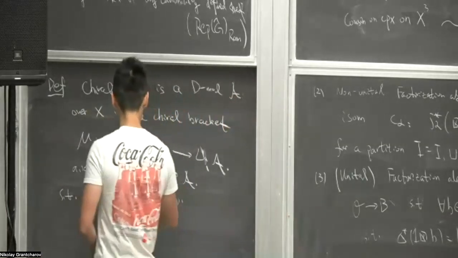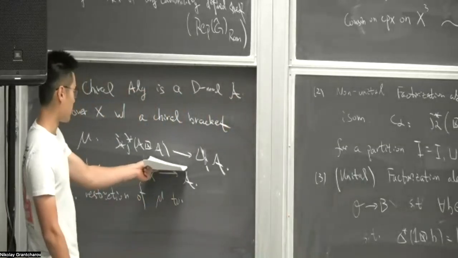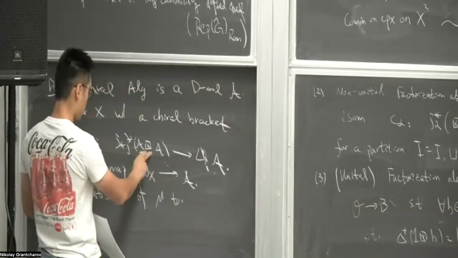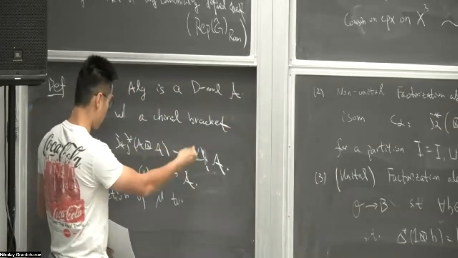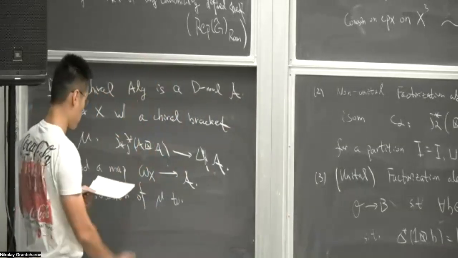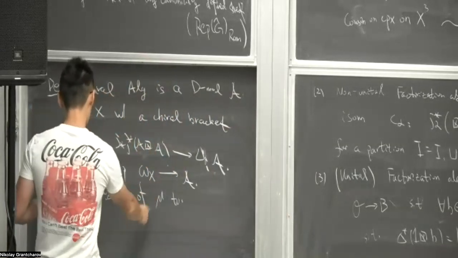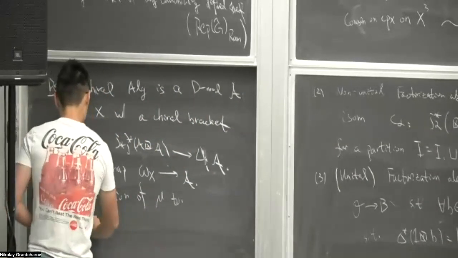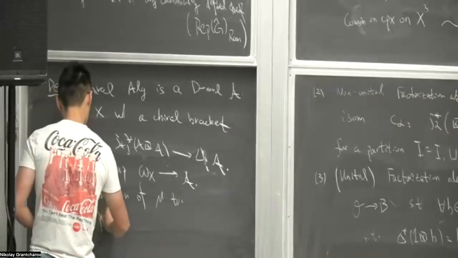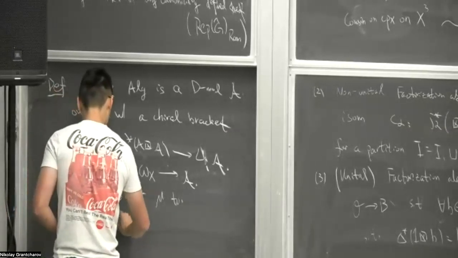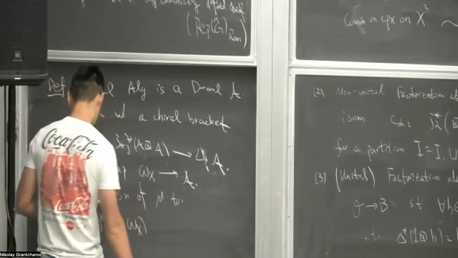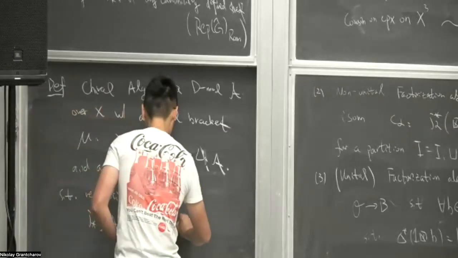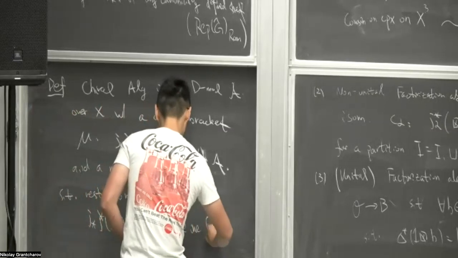Okay. This one does not necessarily come from the Cousin complex because you don't even know A is delta upper shriek of A box A, but A box omega, delta upper shriek to. Okay, so let's see. The restriction of mu to this is the one from the Cousin complex.